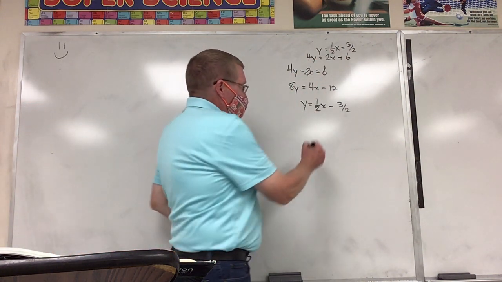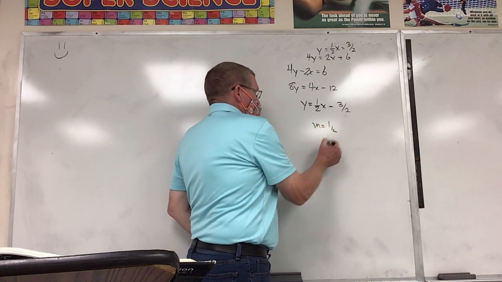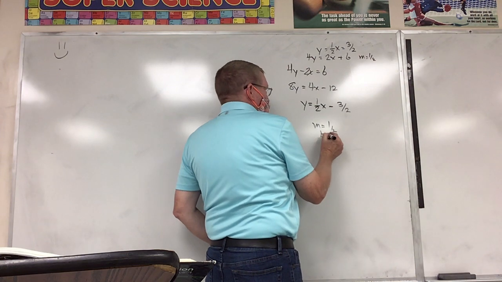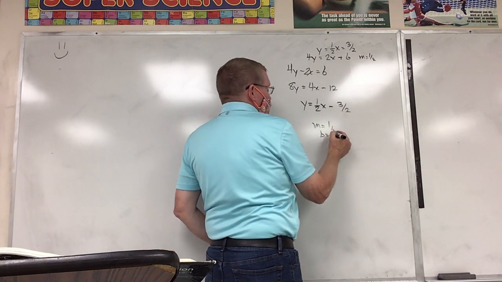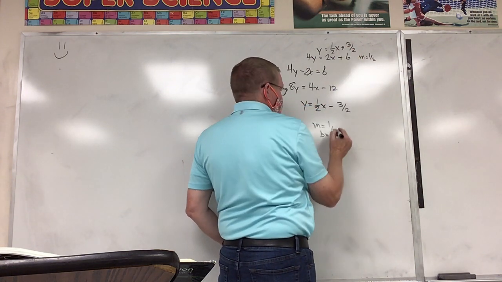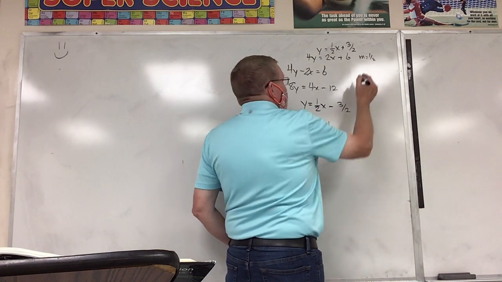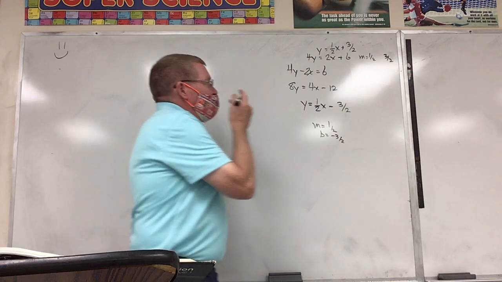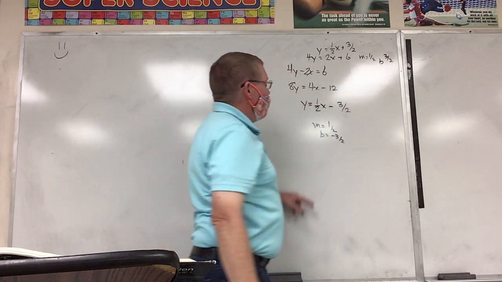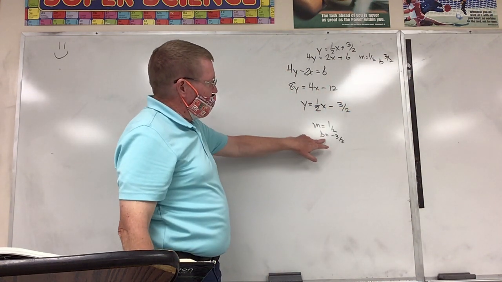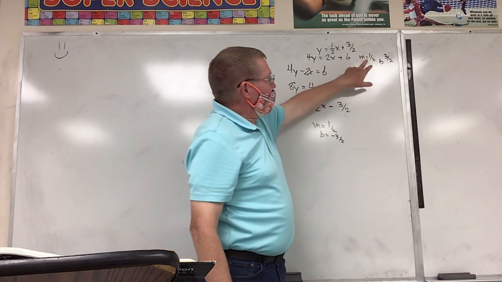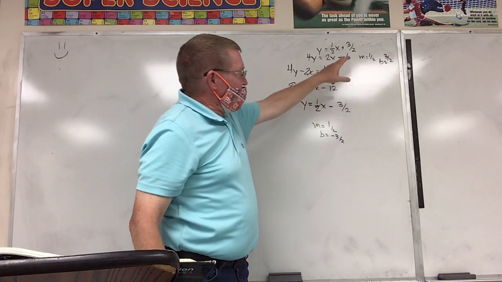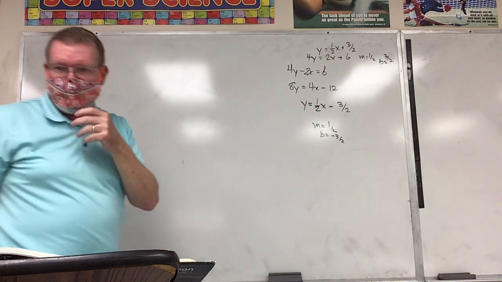So my slopes are the same, m equals 1/2, m equals 1/2. My y-intercept here is negative 3/2, and my slope is 1/2, y-intercept negative 3/2. Here my slope is 1/2, my y-intercept is 3/2. My slopes are the same, but my y-intercepts are different.